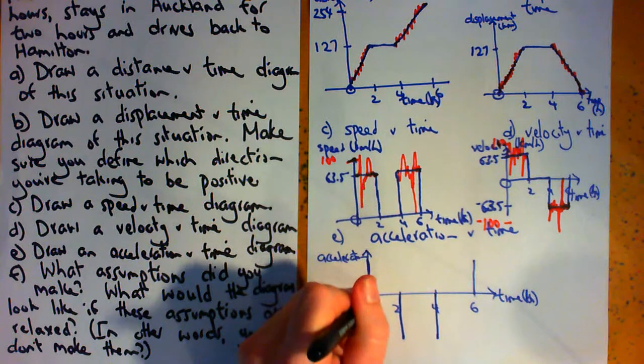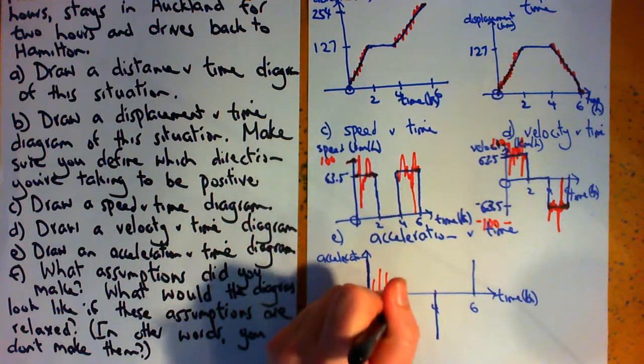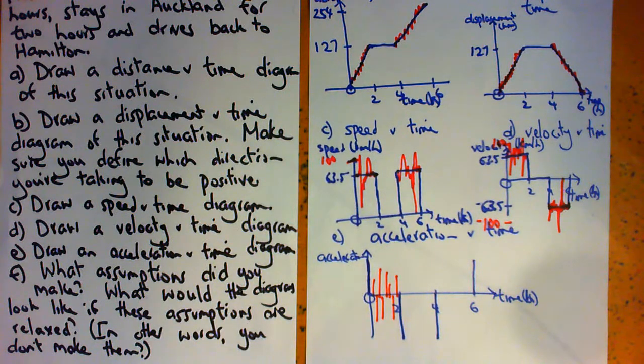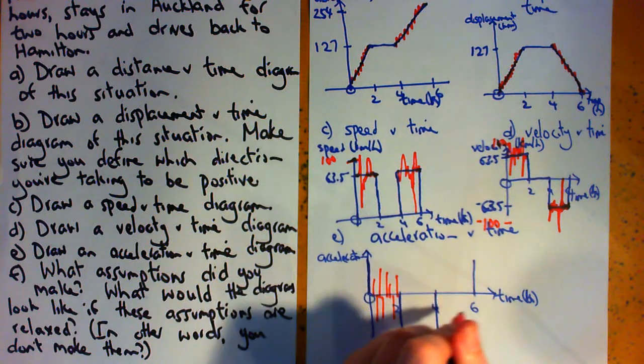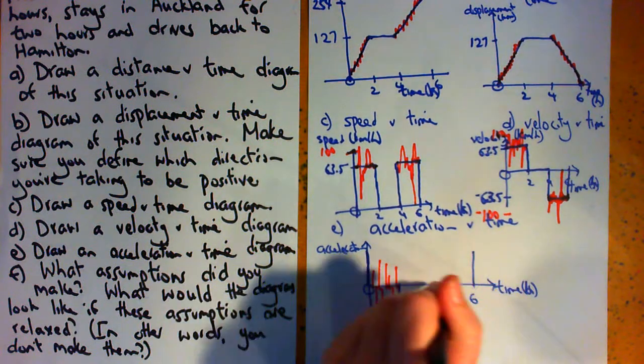So let's say we've got a graph that has lots of spikes that could be in either direction, but there's still going to be no spikes between 2 and 4 hours because they're not on the road during that time. But between 4 and 6, they are on the road and they are subject to possible delays and again changes in speed limits. So there will be changes in velocity and therefore there will be spikes in here as well.